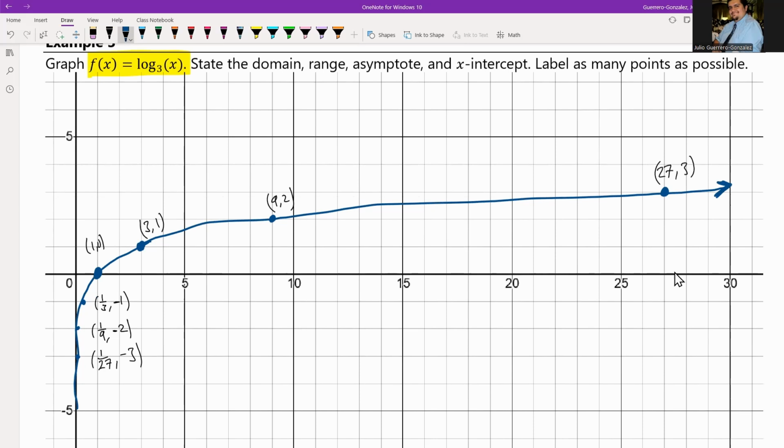You can see my domain for this is still going to be 0 to infinity. My range is going to be -infinity to infinity, and the vertical asymptote, notice it's still the same. It's going to be x equals 0. We're done.